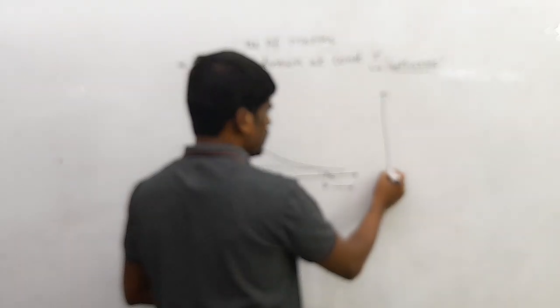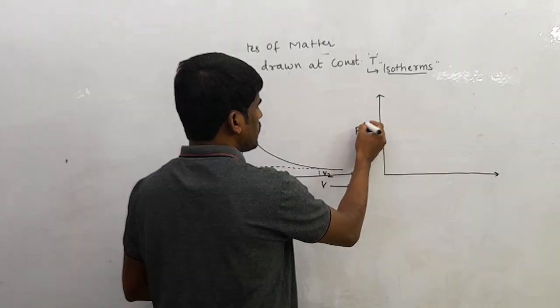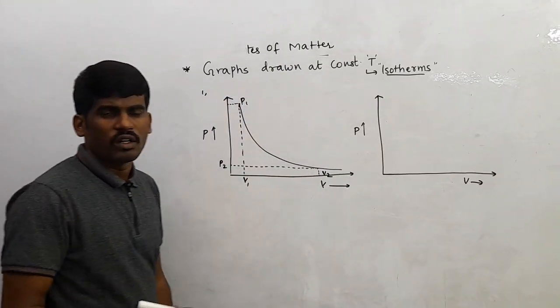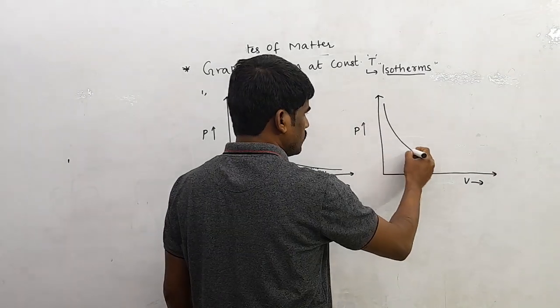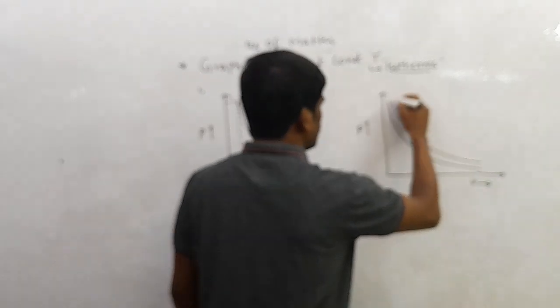Let us say they have given a graph like this. Assume pressure is taken on the y-axis, volume is taken on the x-axis. I will be getting 3 different graphs.